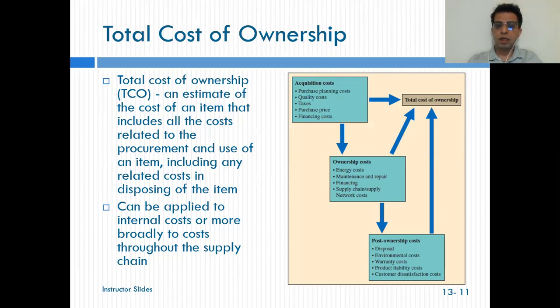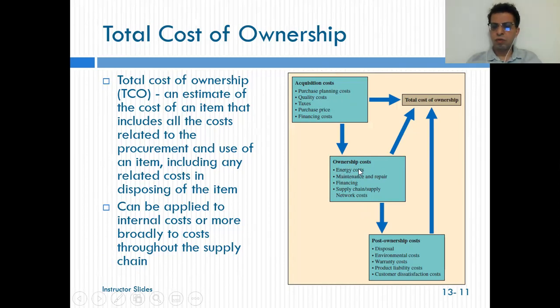Here what we see is the acquisition cost and purchase planning cost. You see the quality costs, how much tax you're paying, the purchase price, and the financing cost, which could be interest from borrowing from a bank. Then you look at the ownership, dividing this into acquisition cost and post-ownership cost.